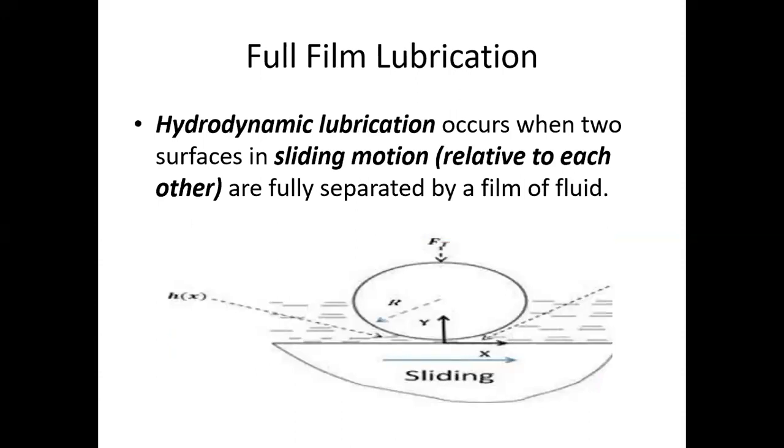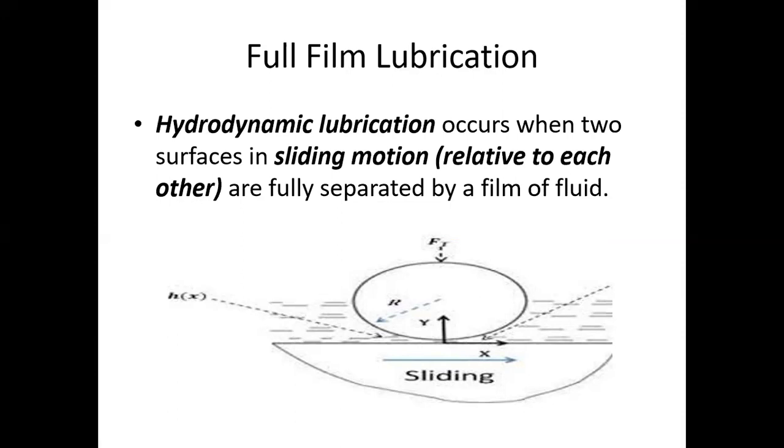The first type of full film lubrication is hydrodynamic lubrication, which occurs when two surfaces are in sliding motion. Take note, for hydrodynamic, it must be a sliding motion relative to each other, and the surfaces are fully separated by a film of fluid.